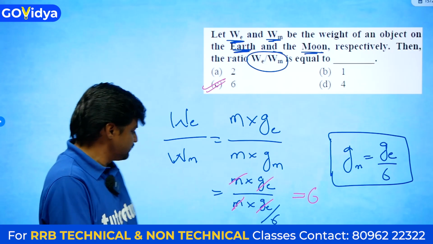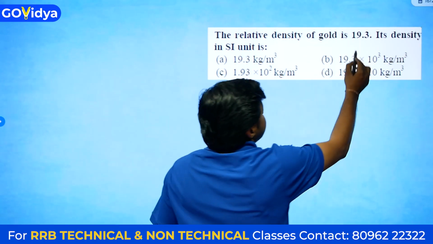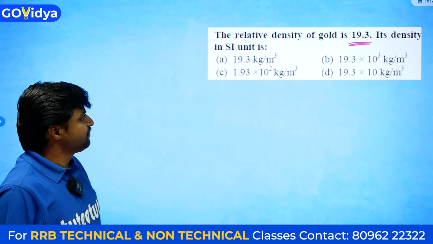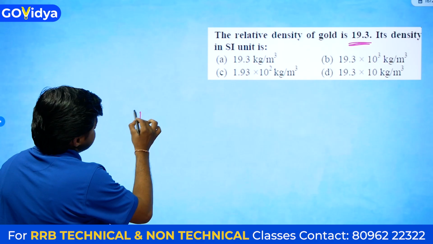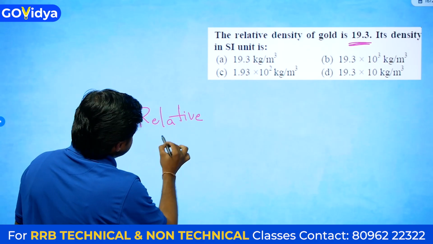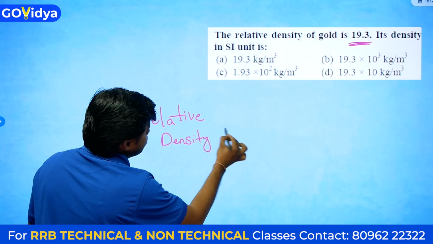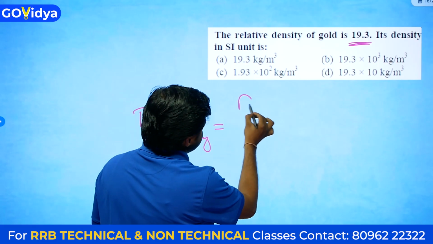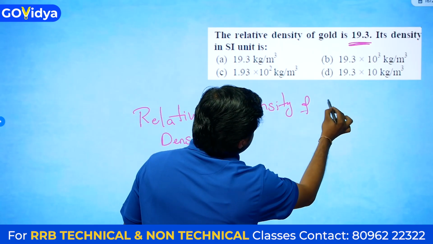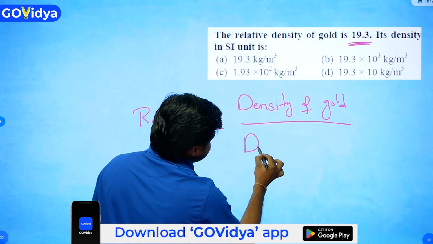Okay, next question. The relative density of gold is 19.3. The relative density is given and they are asking for the density of gold. Okay, relative density is equal to density of the gold by density of the water.